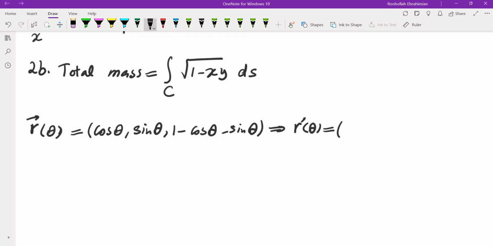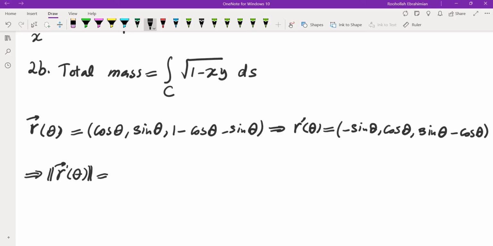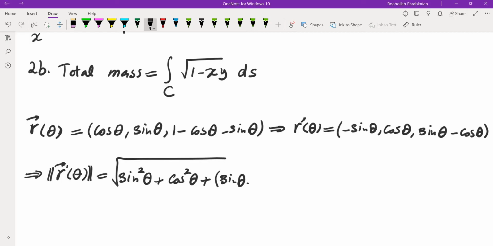So derivative is going to be minus sine of theta, cosine of theta. Derivative of 1 is 0. Derivative of cosine is negative sine. So that's plus sine minus cosine. We'll take the magnitude of this one. So magnitude of r prime theta is going to be square root of sine squared theta plus cosine squared theta plus sine minus cosine squared.